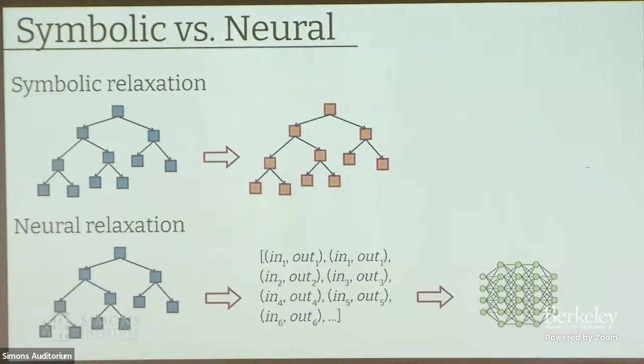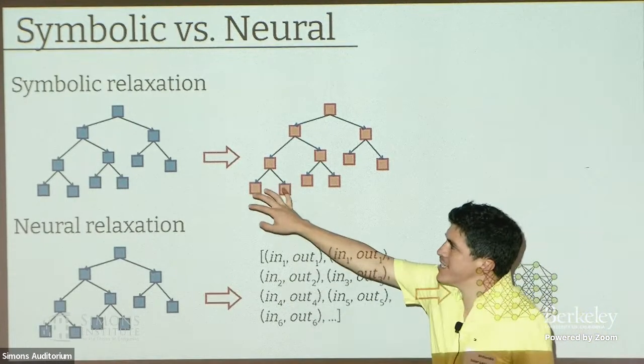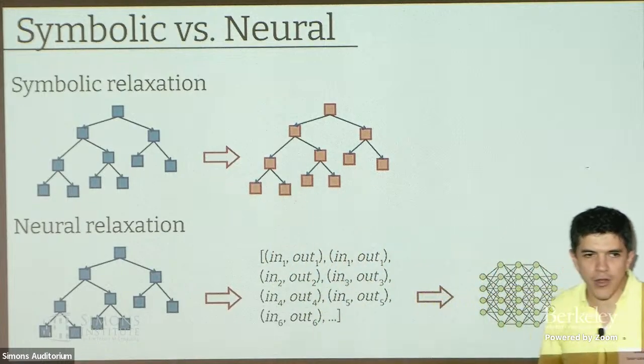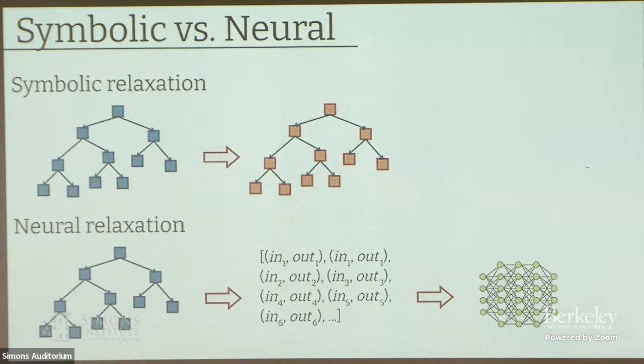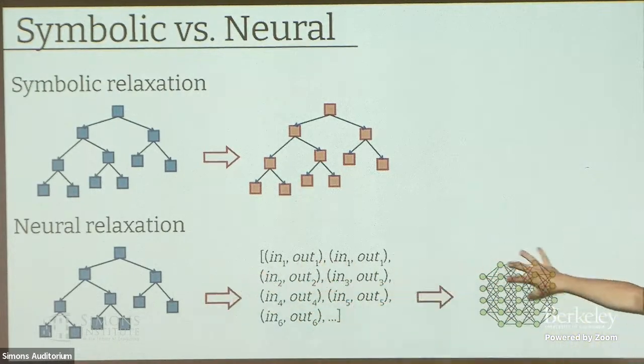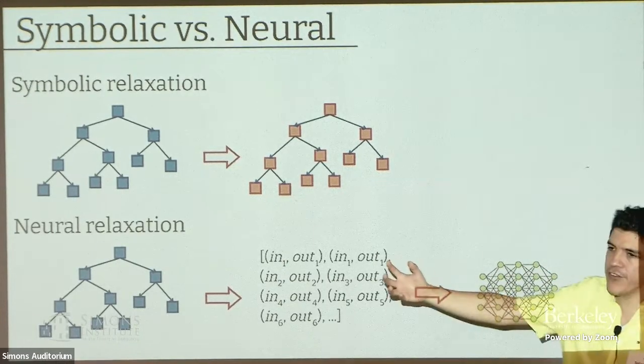So basically this is, in picture form, these two kinds of strategies: whether you're doing it symbolically and replacing node by node every one of the components in your program with differentiable components, or you're using the program to produce data that you use to train a neural network. At the end of the day, the effect is the same: you end up with an artifact that approximates the behavior of the original program.